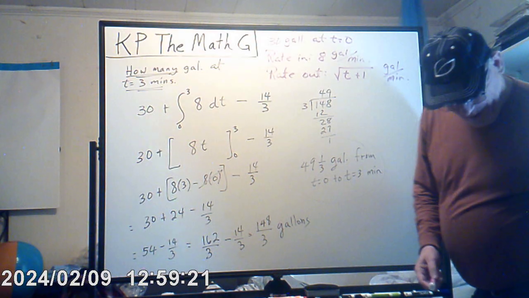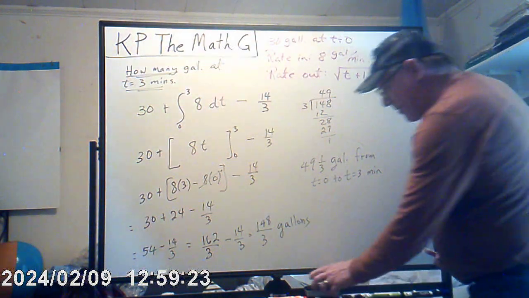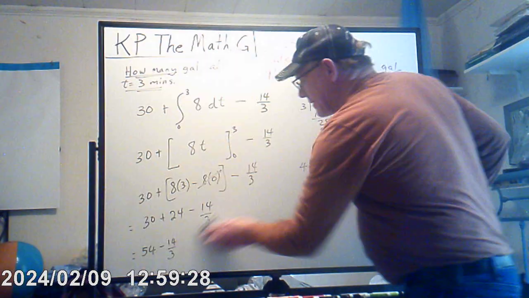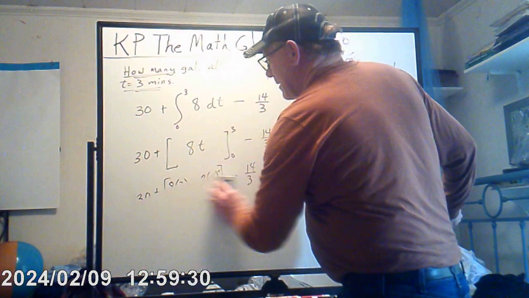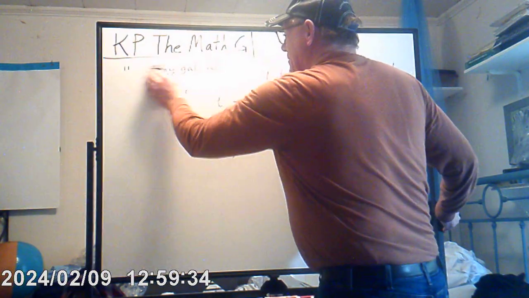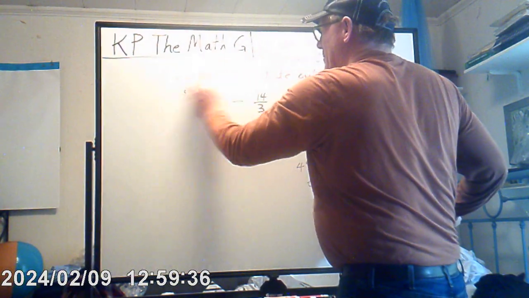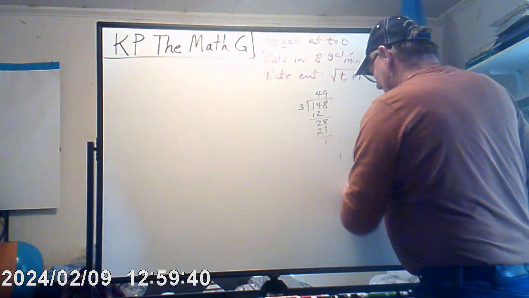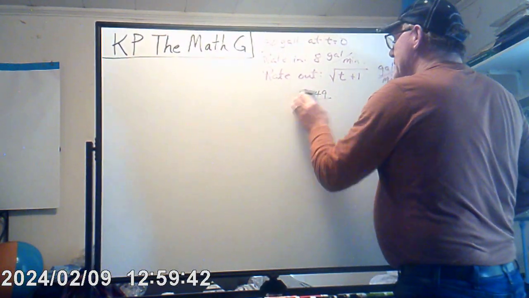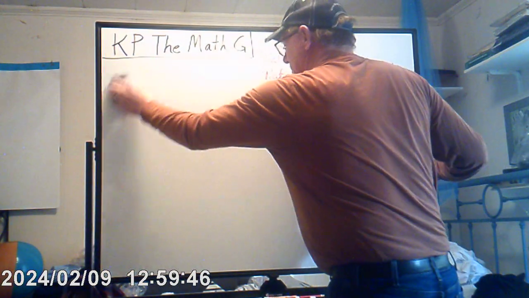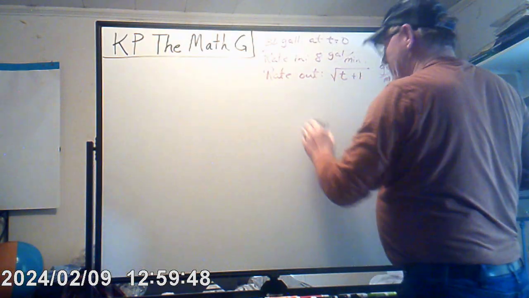Let me erase this, so bear with me for a moment. I had meant to erase both sides of the board, but I only got one side done. I'll leave this part up there.